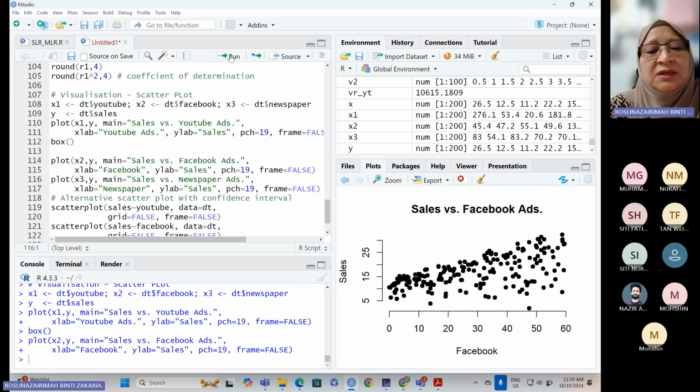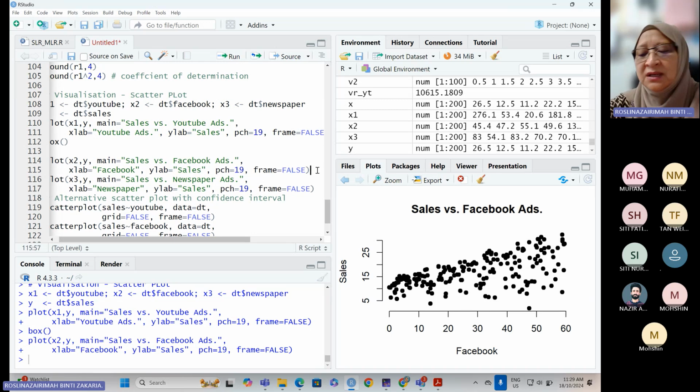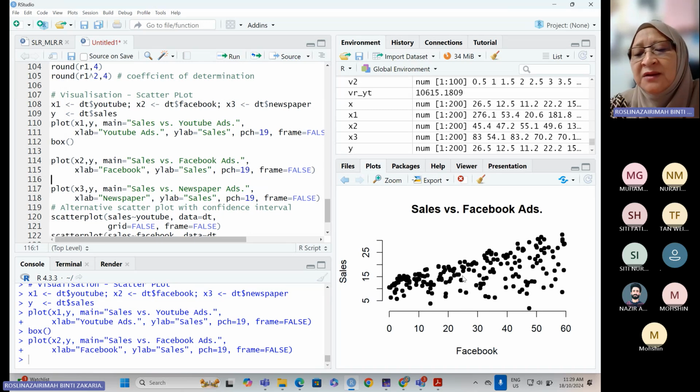There is no clear positive trend, the data is quite scattered. From the value of R, 0.02, there is a trend but very weak. And similarly for sales versus newspaper.